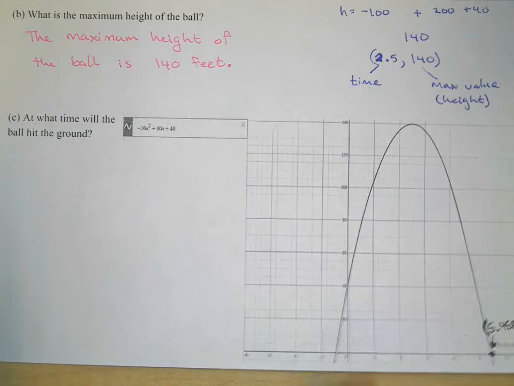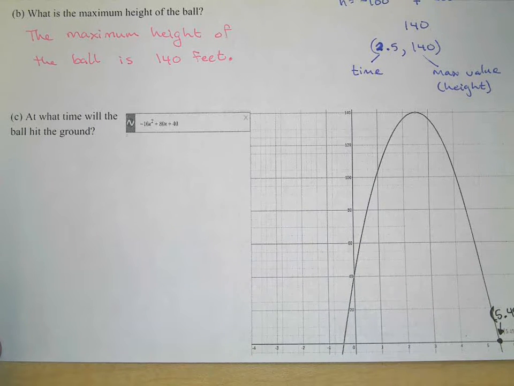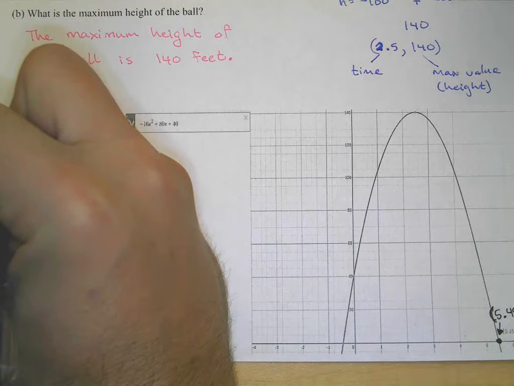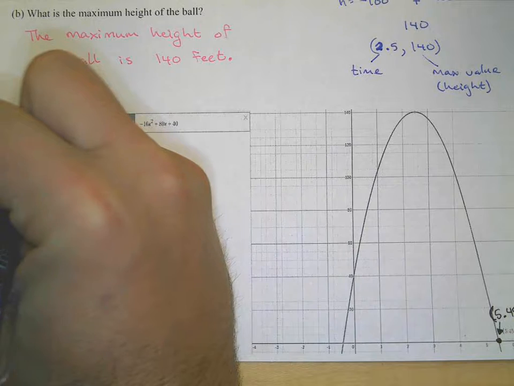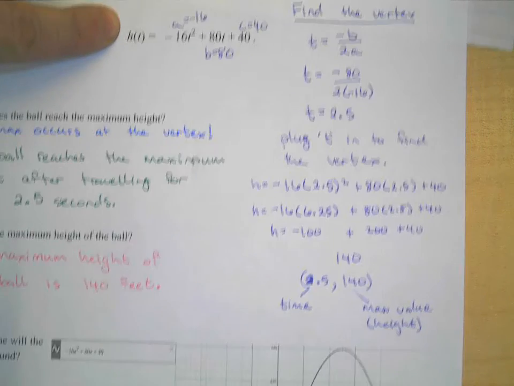And how you're going to do this is, let's graph this first. So to graph it, we will graph using our equation that's given to us. But instead of writing t's, we're going to have to write x's.